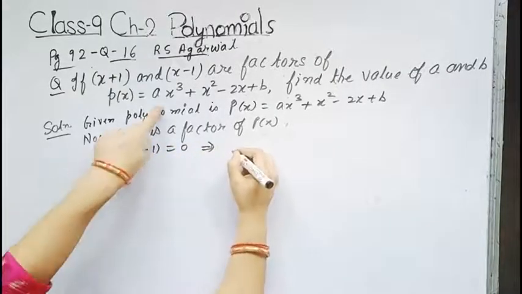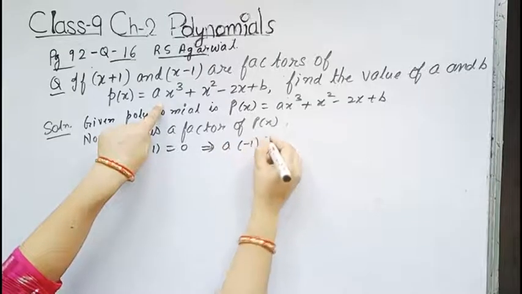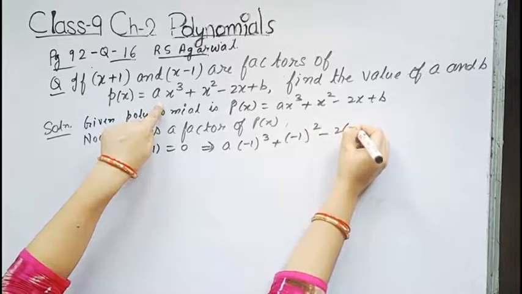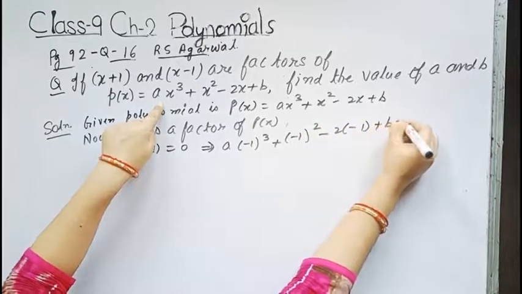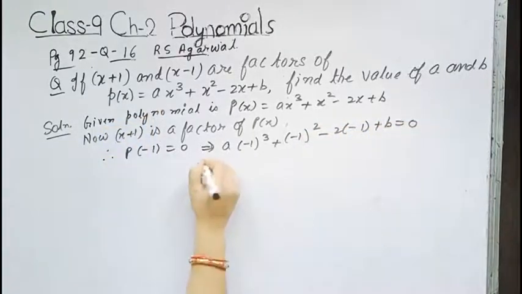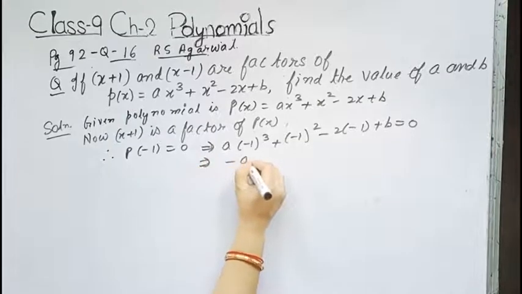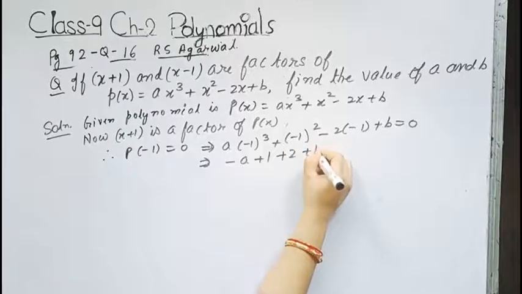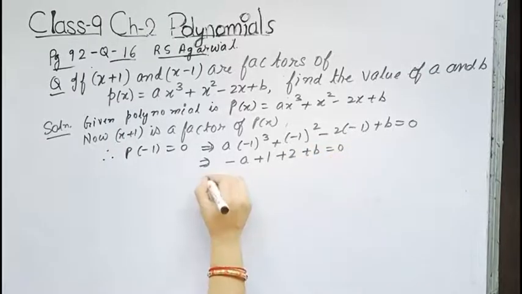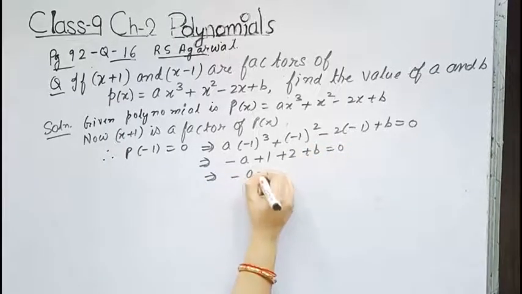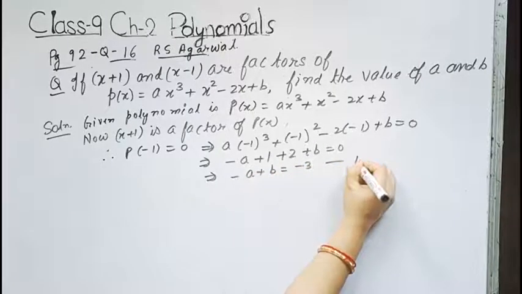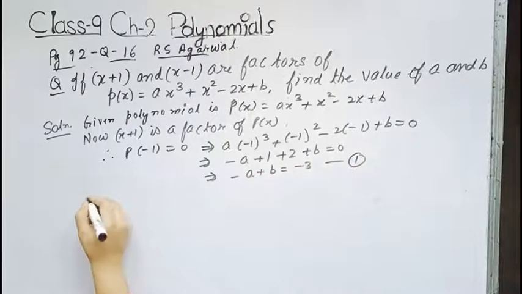This implies a into minus 1 whole cube plus minus 1 whole square minus 2 into minus 1 plus b equals 0. This implies minus a plus 1 plus 2 plus b equals 0. This implies minus a plus b equals minus 3. Let us make it equation number 1.